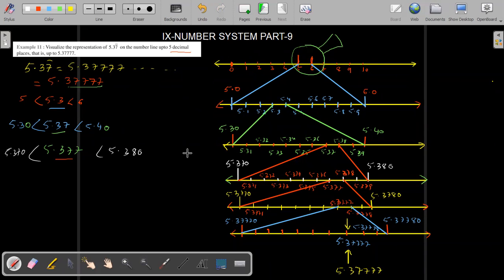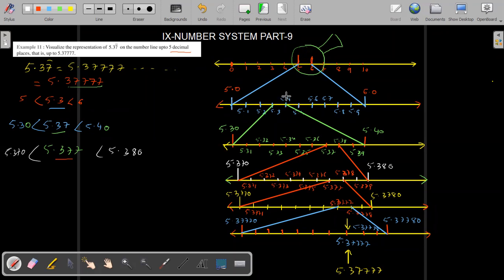So generally we are not asked up to 5 places of decimal, but up to 3 or 4. So here is the way to represent any number on the number line. What we are doing is zooming this part. When you zoom this part, 5 and 6 will look like this. Again, zooming this part.